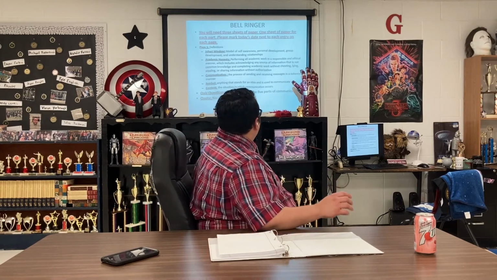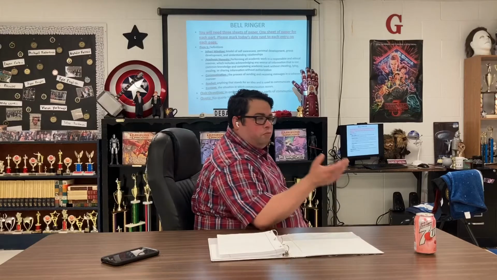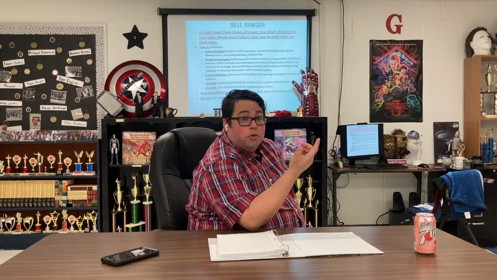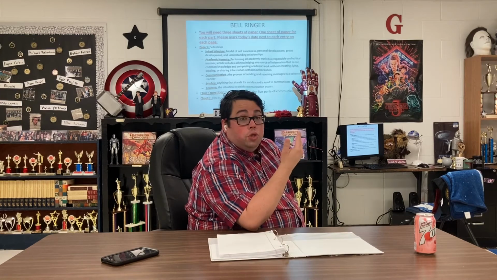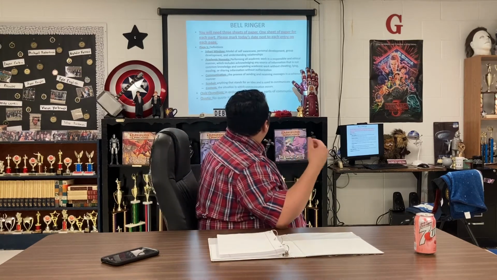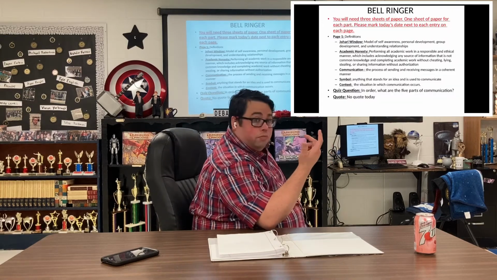So the example up on the board is 3 parts. When you walk in, the bell ringer could be all 3. It could be one of the 3, but you need to expect to do some of these different types of things, okay? So you'll either have definitions, which you'll see later on in worksheets, in tests, and as we discuss them.